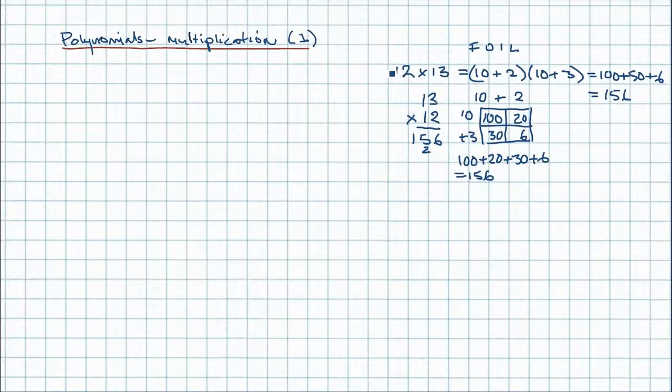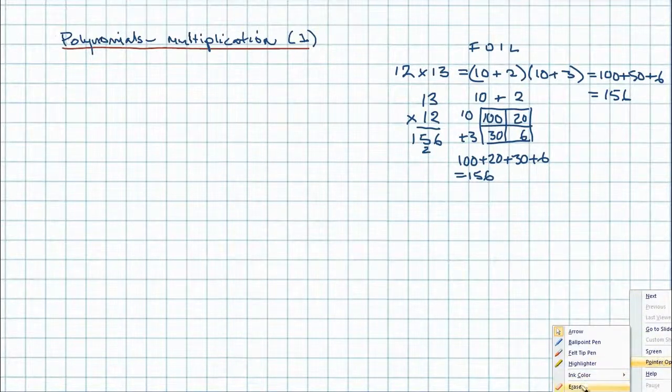So a little bit of revision there of some of the methods we use, in this case with multiplying together two-figure numbers. And that's so that when we come across here to think about the algebraic equivalent, all we're doing is replacing the idea of tens in our base 10 number system.